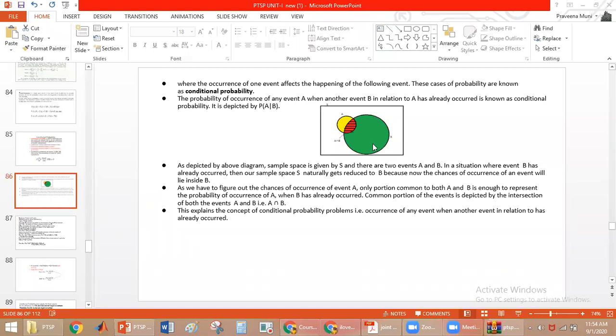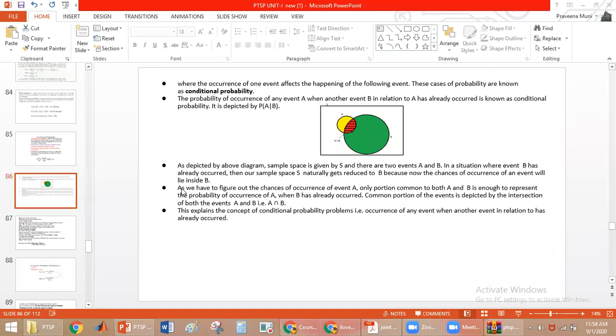So instead of taking the number of elements in the sample space, we will consider the number of elements in B, because now the occurrence of an event will lie inside B.